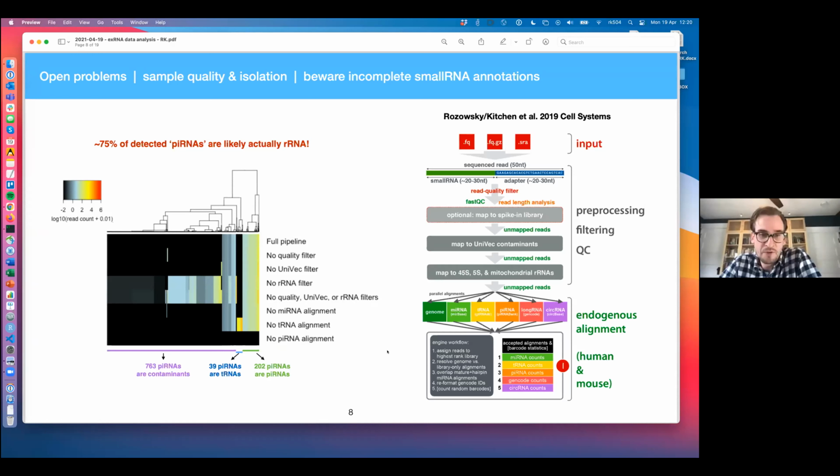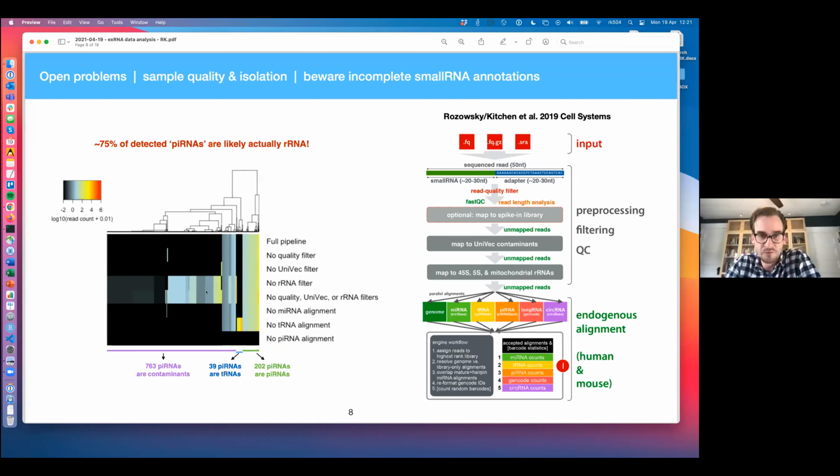And what we found is if you remove certain filters earlier in the pipeline, so if you take away the ribosomal RNA filter up here, if you take away the UniVec or quality filters in here, you tend to see now a lot more reads mapping to piRNAs. And so what we found was that actually about three quarters of the piRNAs that you would detect if you didn't do these filters are probably just human ribosomal RNA fragments that have been mischaracterized, which is not really a surprise because a lot of the experiments that have been done to make the piRNA references are done using small RNA sequencing.